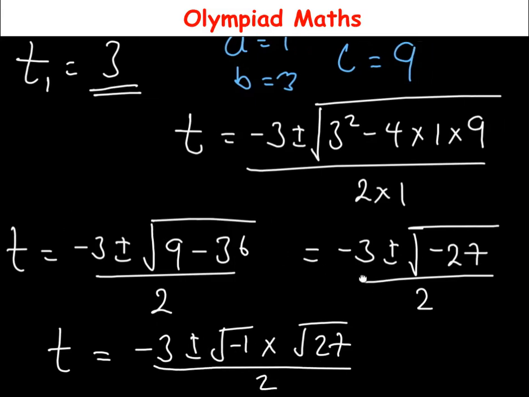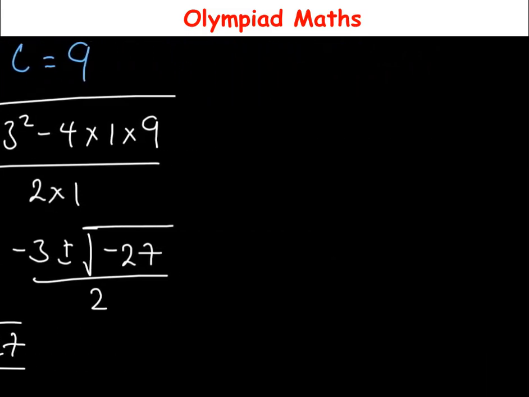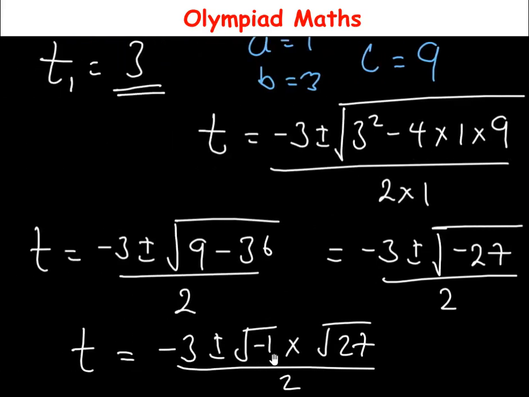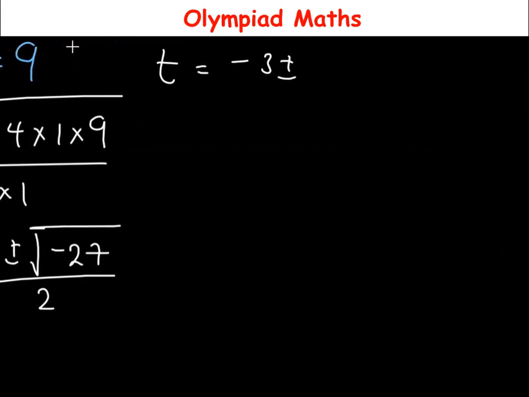So t is equal to minus 3 plus or minus, here we have square root of minus 1. Now square root of minus 1 is i, so i times square root of 27, then all over 2.